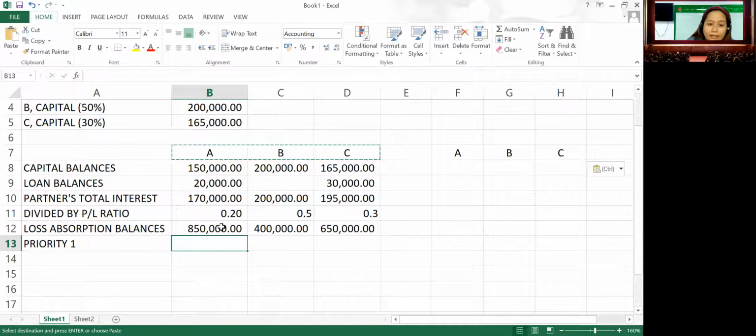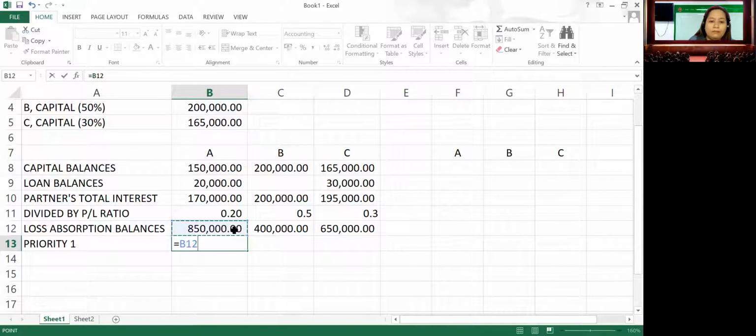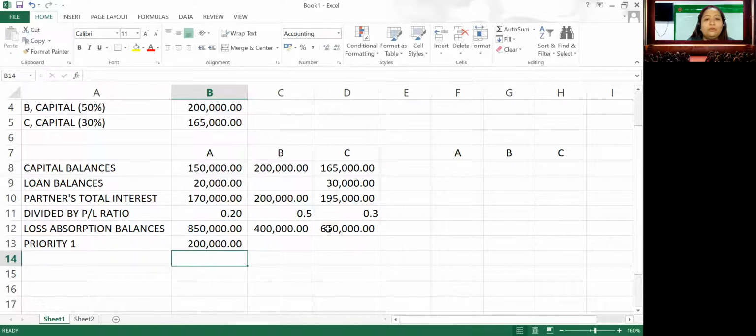i-compare po natin yung pinakamataas doon sa sunod na pinakamataas. In this case, ang sunod na pinakamataas ay 650,000. Okay, so ibig sabihin, pag gumagawa tayo ng cash priority program, babawasan po muna natin yung pinakamataas para maging equal siya doon sa sunod na mataas sa kanya.